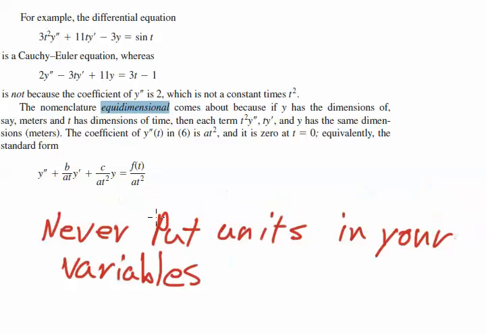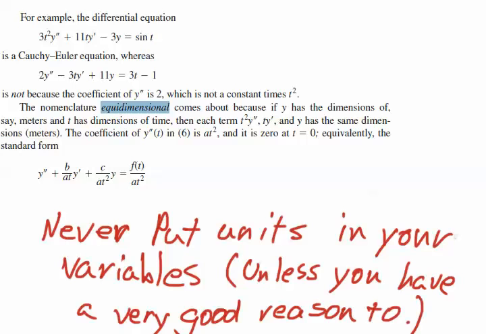Let me make this a rule that I might change my mind on, because there might be some situation where you have a very good reason to put units on your variables, but I just don't know what it is. Instead, where do you put your units on this?